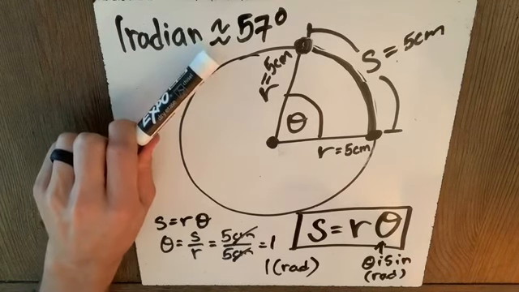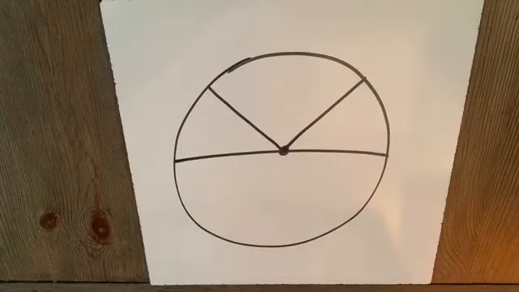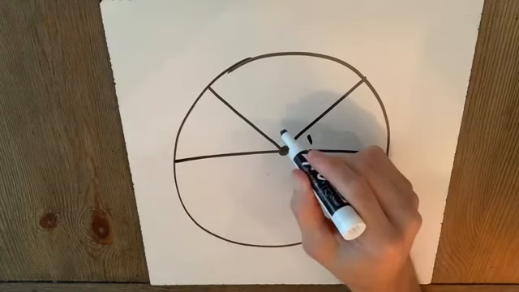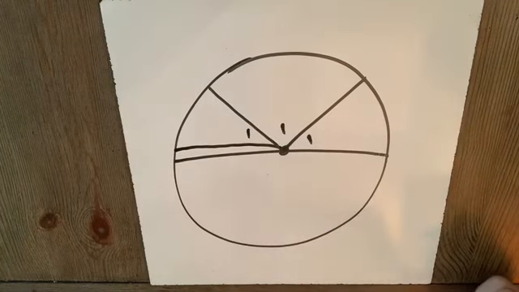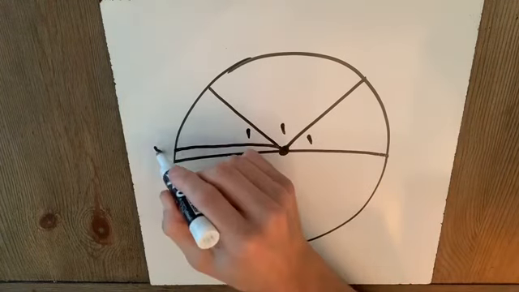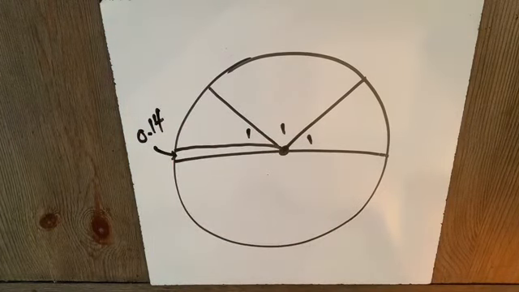Notice I use these curvy signs because it's not exactly 57 degrees, but we have a unit of about 57 degrees. If I have this circle here, I can say that this is 1 radian, and this is 1 radian, and this is 1 radian. Well, what's left here? It's about 0.14 of a radian. What?